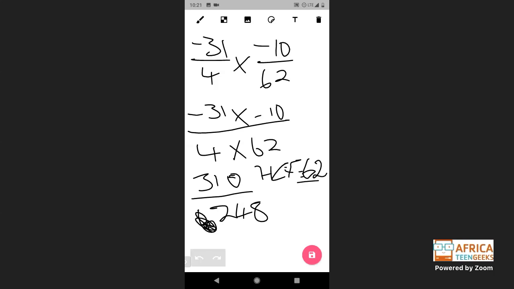All right. Okay. So we will divide both numbers by 62. So we'll divide this number right here by 62, and then this one again, which is 248, by 62. And when we say 310 divided by 62, it gives us 5.